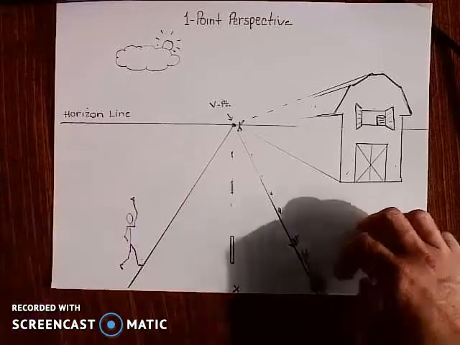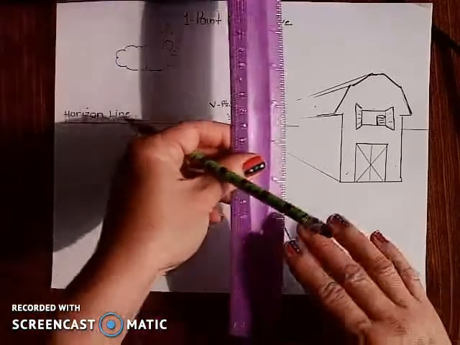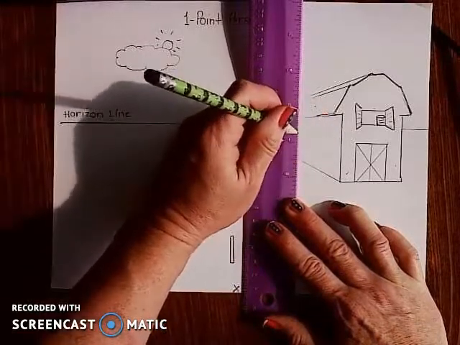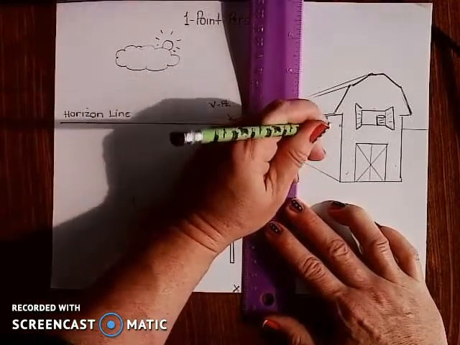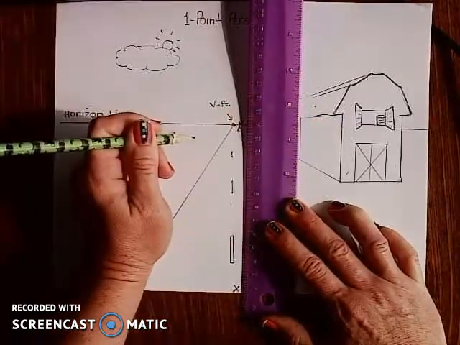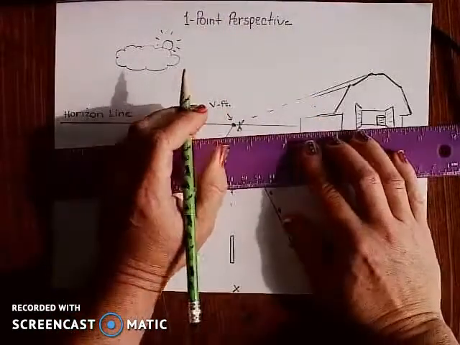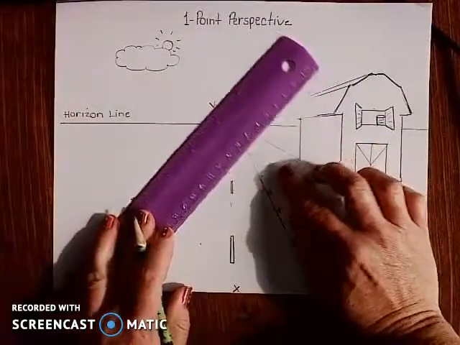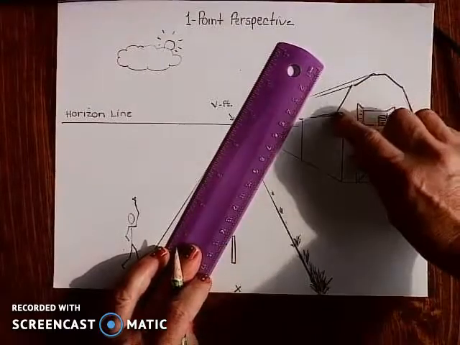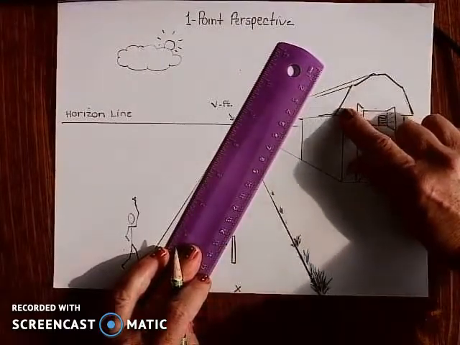Then, to finish this barn, I'm going to pick an appropriate depth, make it parallel to my front line of my barn. Here's the back line of my barn. And then I'm going to finish by doing some parallel lines. So here's the front line of my roof.